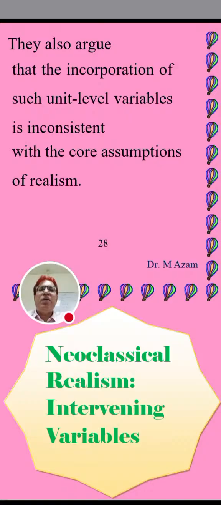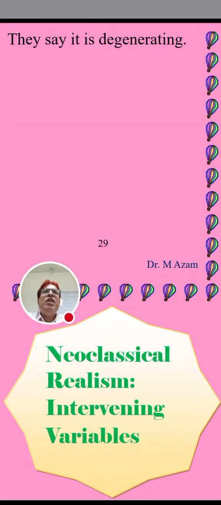They also argue that the incorporation of such unit level variables is inconsistent with the core assumptions of realism. So the critics also say these assumptions made by the neoclassical realists challenge, even neutralize, the core assumptions of realism. They say it is degenerating. The critics say neoclassical realism is degenerating.